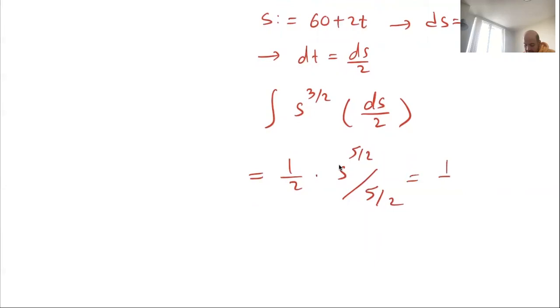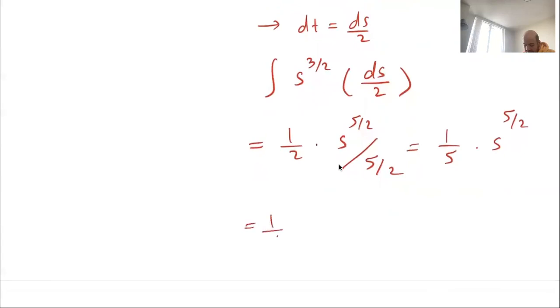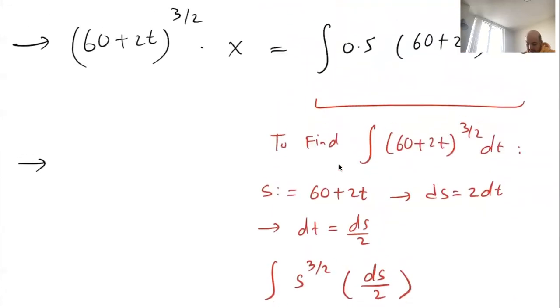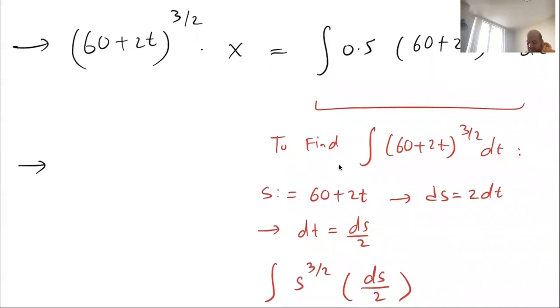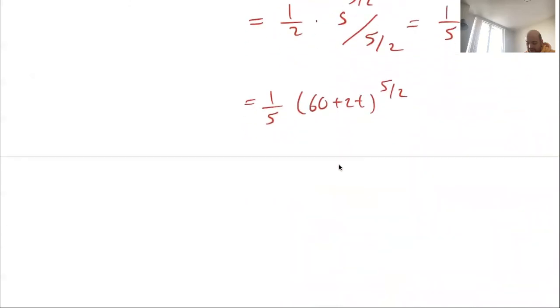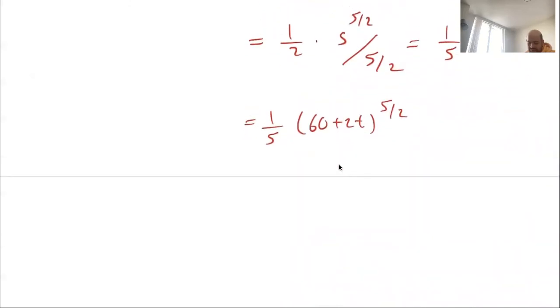And this is 1/5 s^(5/2), which is 1/5 (60 + 2t)^(5/2). So if we substitute back, there's also an extra coefficient of 0.5, 0.5 times this. We found the integral, then we need to multiply it with 0.5. So substitute back.